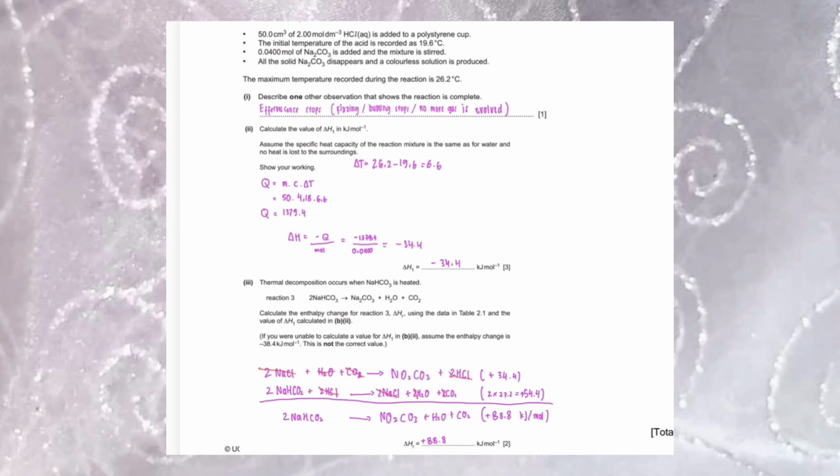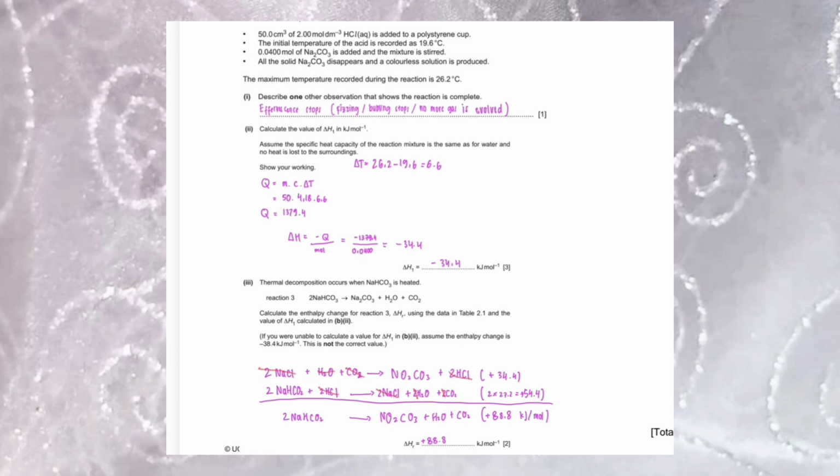Find the enthalpy change value. The enthalpy change formula is minus q divided by moles. We got the q value of 1378.4 divided by 0.0400. So the answer is minus 334.4 kilojoules per mole.